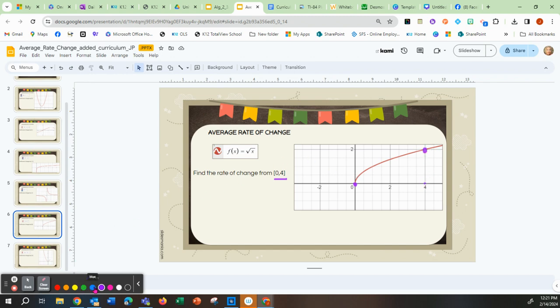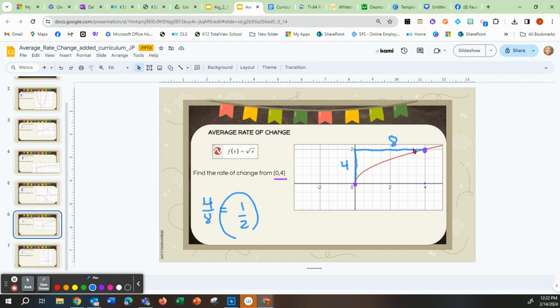And then again, I'm going to count rise over run. So I'm going up 1, 2, 3, 4. Again, I know that's 2, but this works also as long as you count the squares. 1, 2, 3, 4, 5, 6, 7, 8. So my slope is 4 over 8, which reduces to be 1/2.